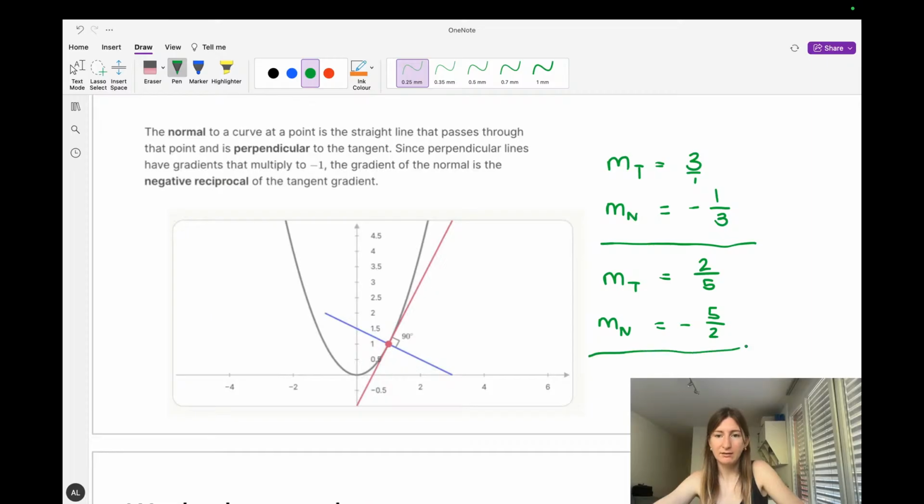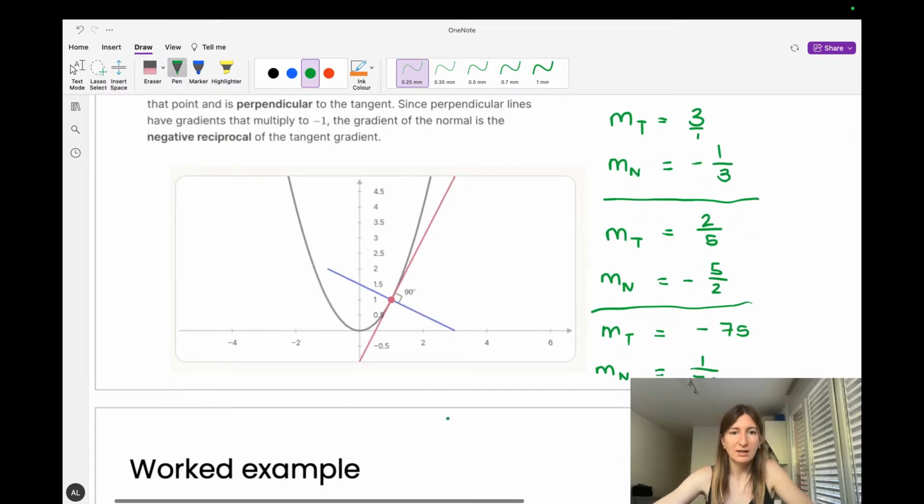If my gradient of my tangent is -75, then the gradient of my normal is 1/75. Okay, so this is just another extra step that you'll do, everything the same. You'll find the gradient of your tangent, and when you get to that step, you'll flip it over and then insert it into the formula.